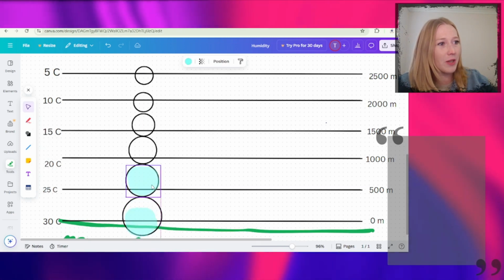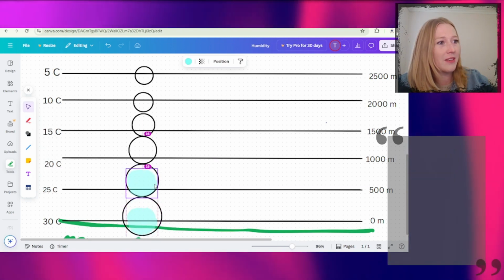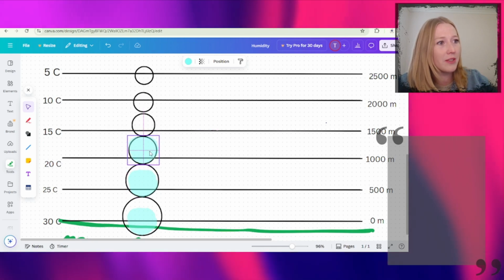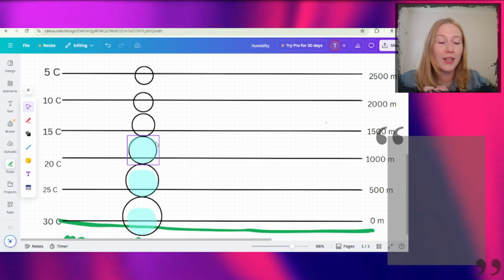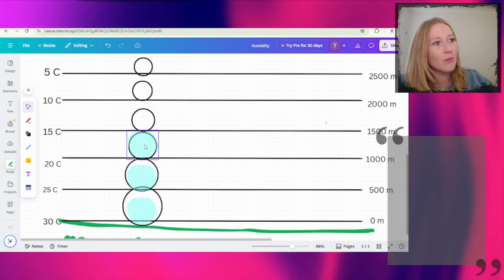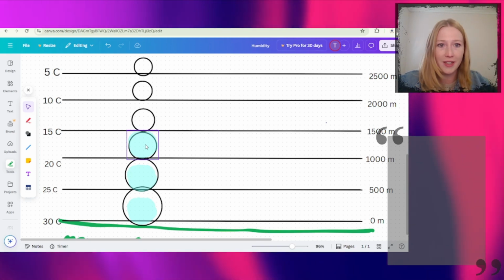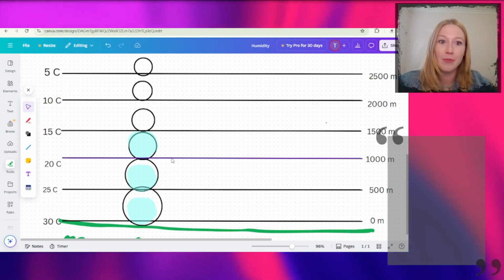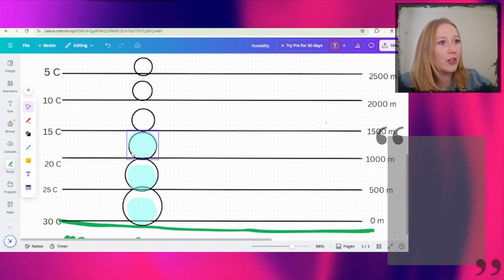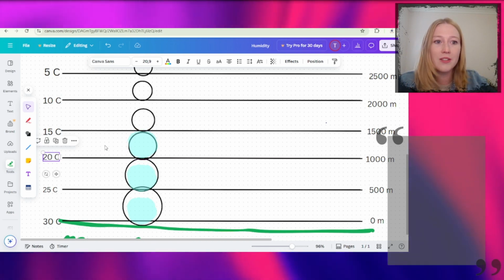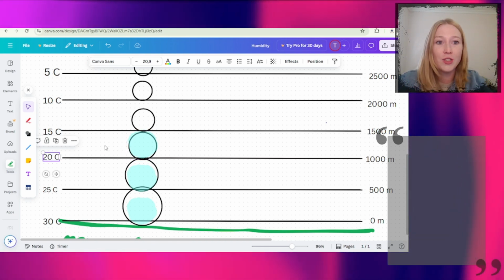Okay, so as the parcel rises, then the air can hold less and less water vapor because it's getting cooler and cooler. So we can see that it has to rise up before it's reached a high enough humidity for it to actually condense and become saturated. If we look at the temperature over here, it was 20 degrees before it finally reached 100%.